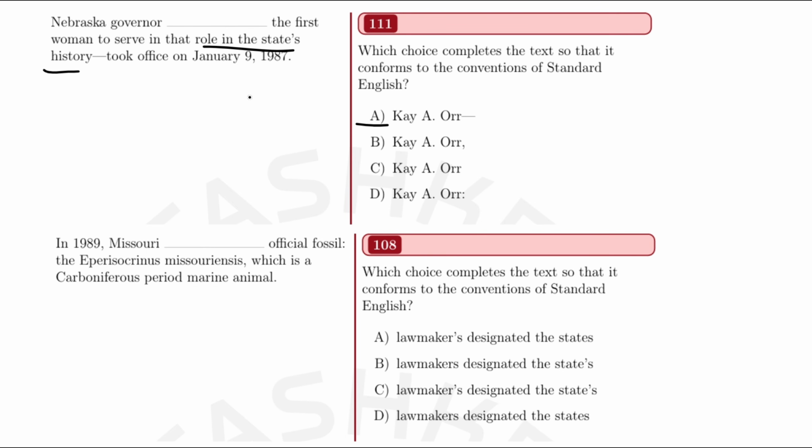Since the sentence already ends the extra information with an em dash before "took office," we must also begin it with an em dash after Kay A. Orr. So the correct structure is Kay A. Orr, em dash, the first woman. This is why the correct answer here is A.